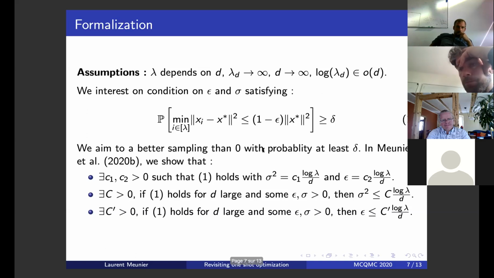We show in our paper that first, if there exist C1 and C2, such that the gain factor is of order log lambda divided by d, if the scaling is of order log lambda divided by d.